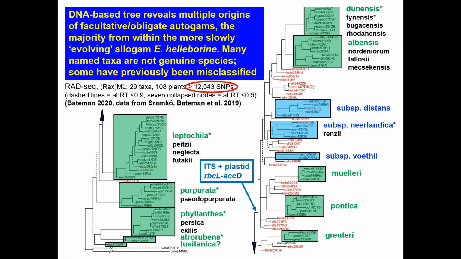You're looking at the way the tree branches towards the tips. And all of the boxes that I've marked in green are genuine species, the British ones being marked with asterisks. And where there are taxa that are beginning to diverge and look as though they may one day become species, but they haven't yet diverged sufficiently to do so, I have marked those in blue.